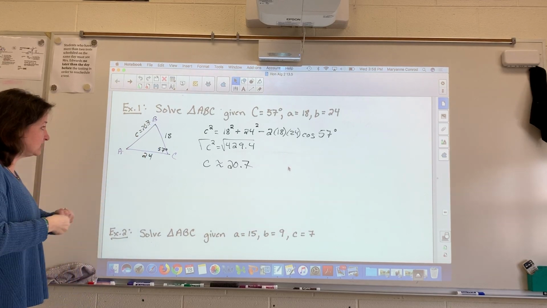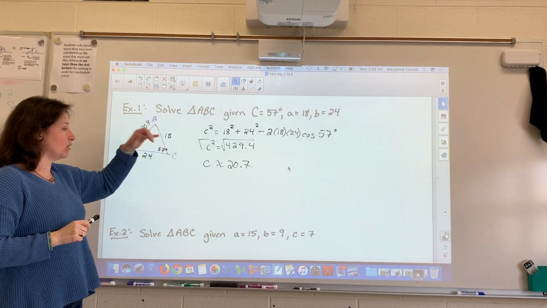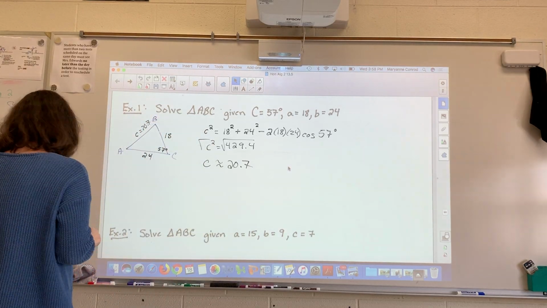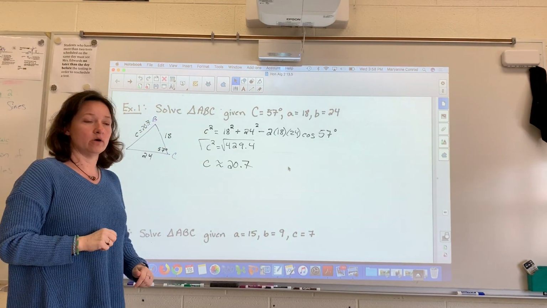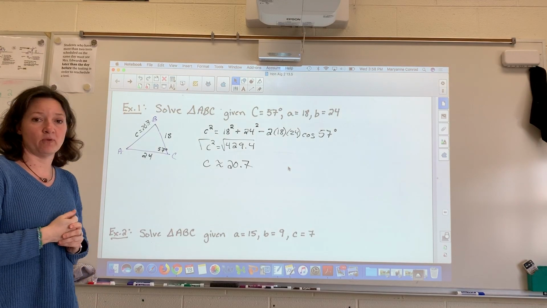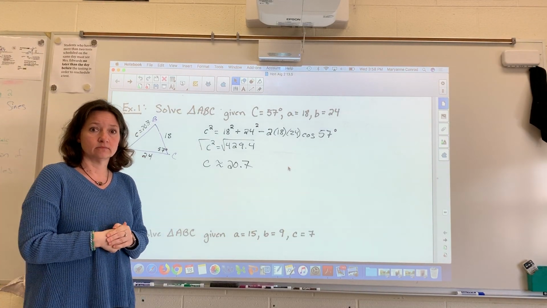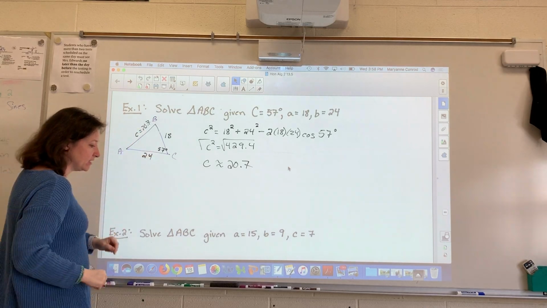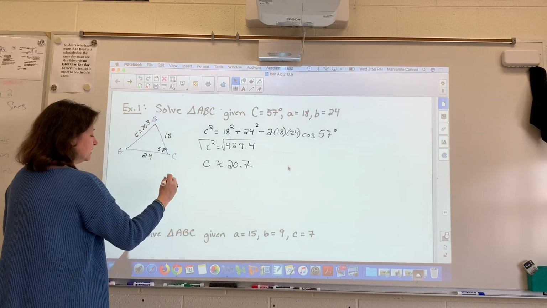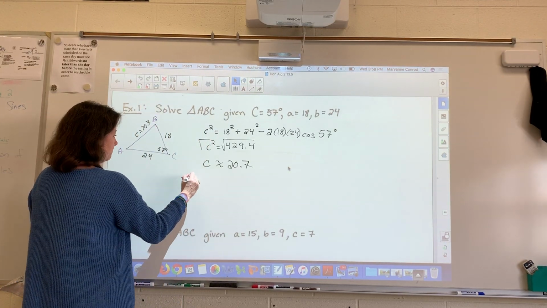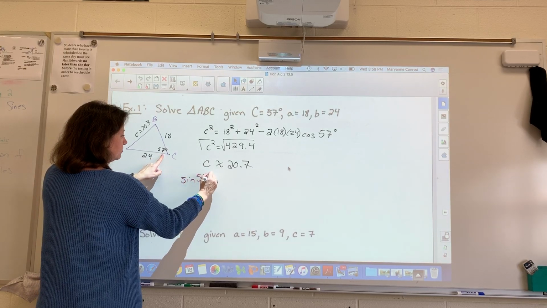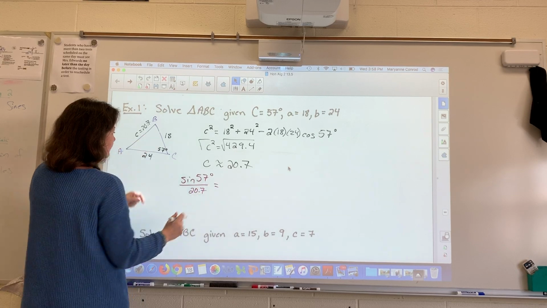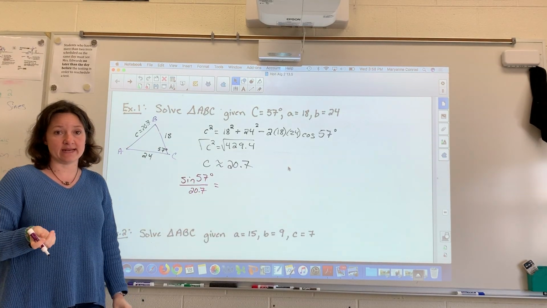So now they want us to find angle A and angle B. How can I find angle A and angle B now that I know that side C is 20.7? That's right, we can use law of sines now because we have a complete ratio. So we can do sine of angle C, so 57 degrees is to 20.7, as, does it matter which angle I get next?